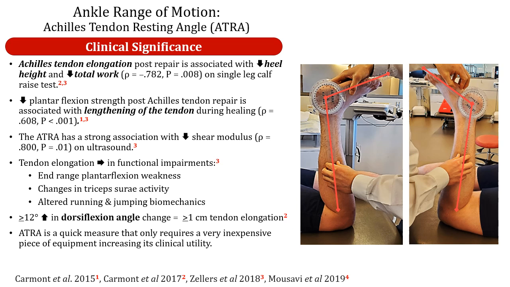And then for every 12 degrees of an increase in the dorsiflexion angle, that's associated with a greater than 1 centimeter tendon elongation. So it's an important metric to measure not only from an anatomical standpoint as to the resiliency of the repair and the stiffness of the tendon, but also functionally.